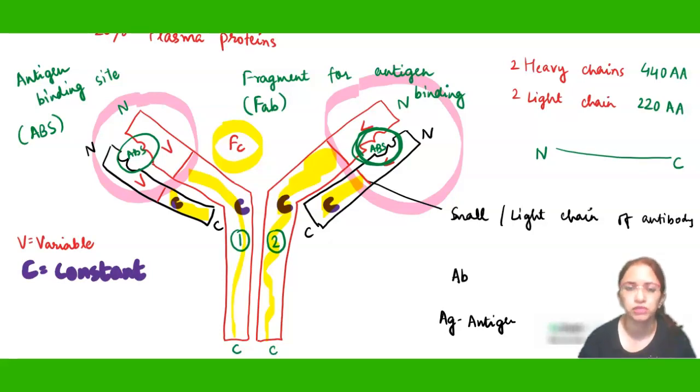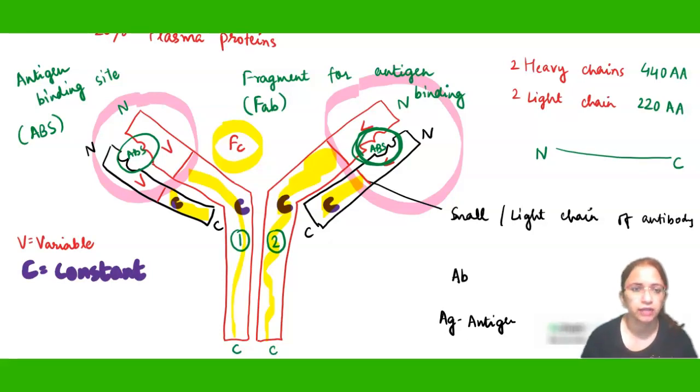The terminal region is hypersensitive and variable, and only in the terminal region is the antigen binding site. The terminal variable region is known as fragment for antigen binding, abbreviated as Fab, whereas the region beyond it is known as Fc, or the fragment of crystallization.